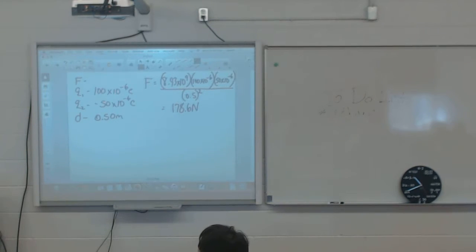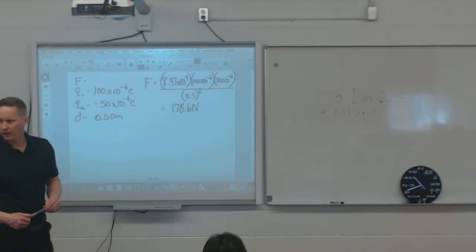Times, negative 6. Divided by. I always leave it on there so I can look. I'm not sure.